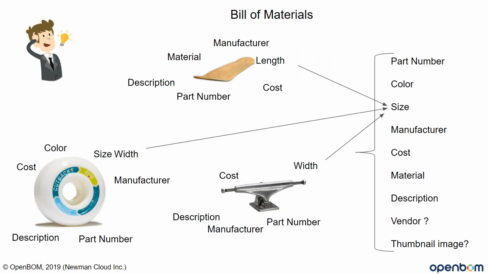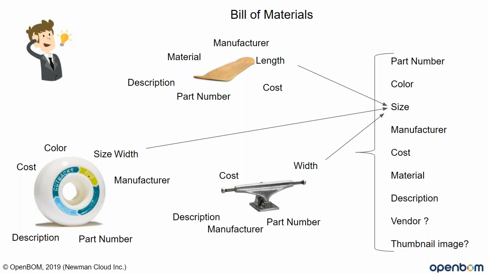This is from last week's webinar, and this is when I'm thinking about our bill of materials. What are some of the specific pieces of information that we're going to need to track about each one of our parts? If you go back and look at webinar number 12, this is number 13 this week, in webinar number 12 we go through a process of, for each one of these parts, how do we identify what pieces of information, what properties, we want to manage.